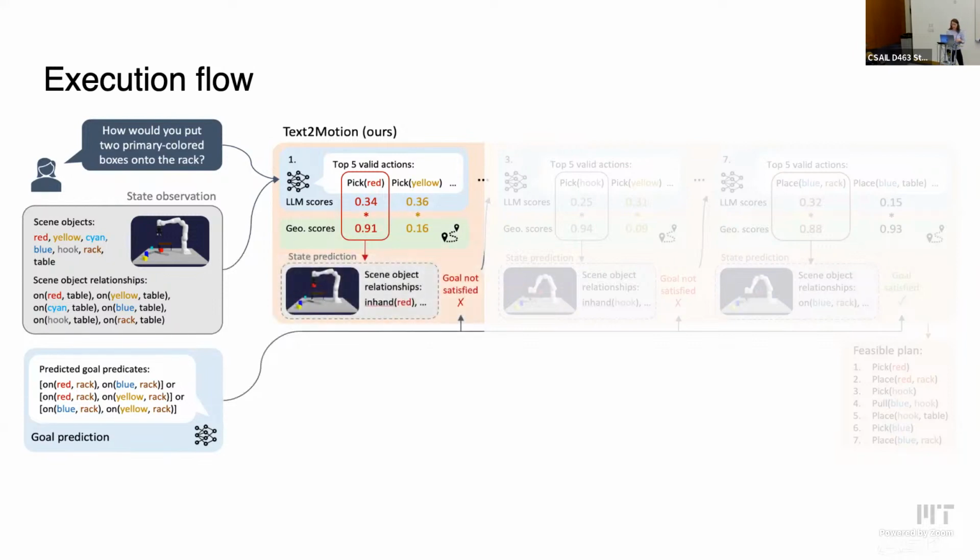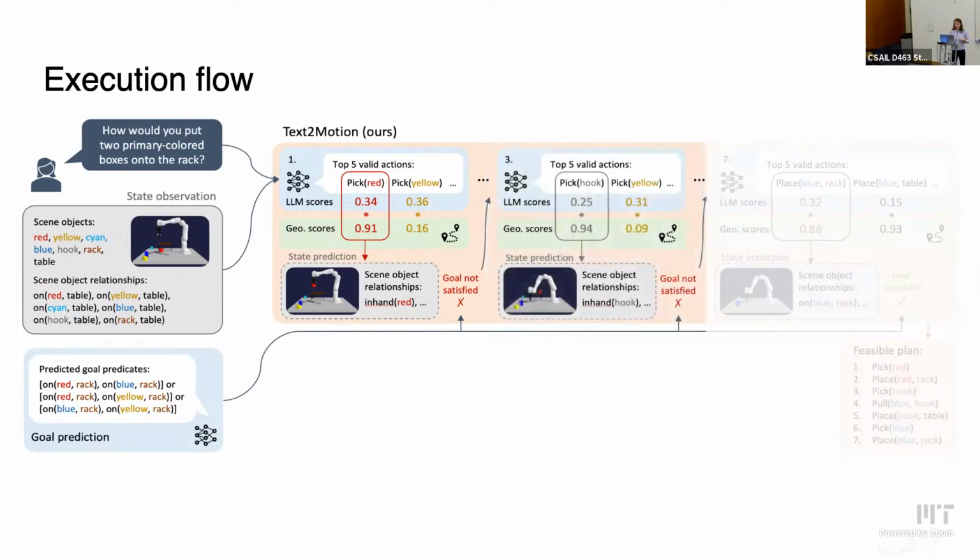And then we use our dynamics model from TAPS again to predict forward: okay, if we execute this action that is scored so well, what is the state going to be like? That's what we've done in TAPS. We check if the goal is satisfied or not. It's not. And then we basically keep doing that.